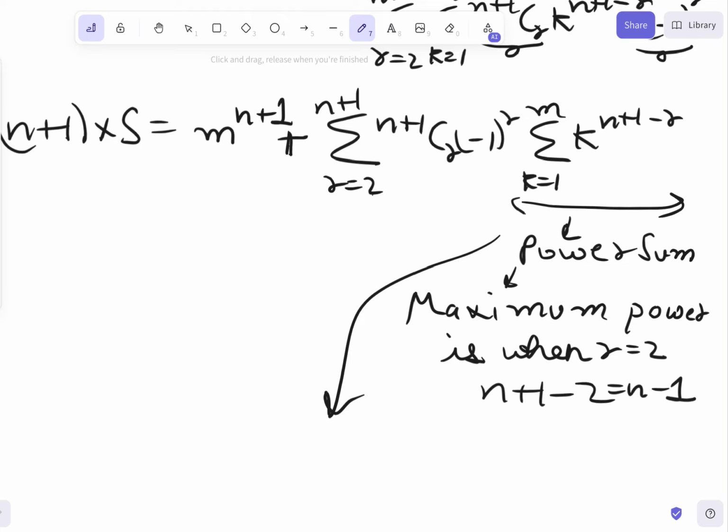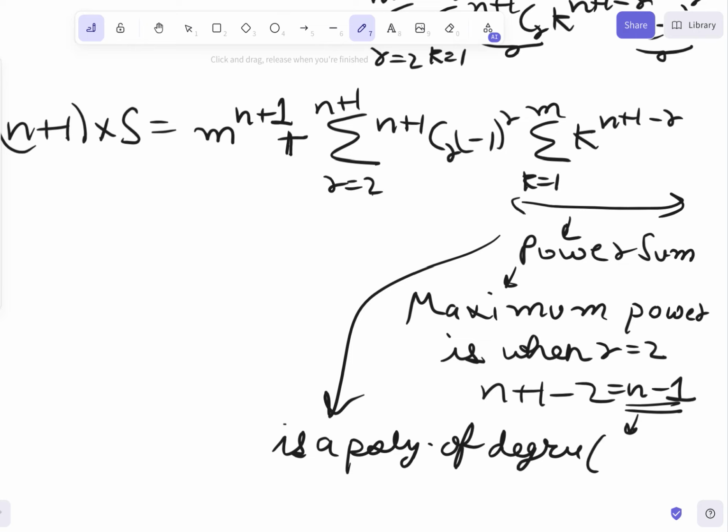is a polynomial of degree 1 more than this, which will be n in m. And since it is the maximum power here, all the other power sums will have lower degree than m.